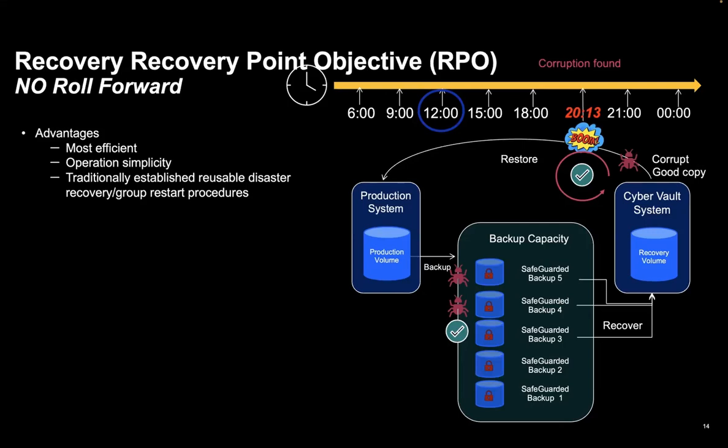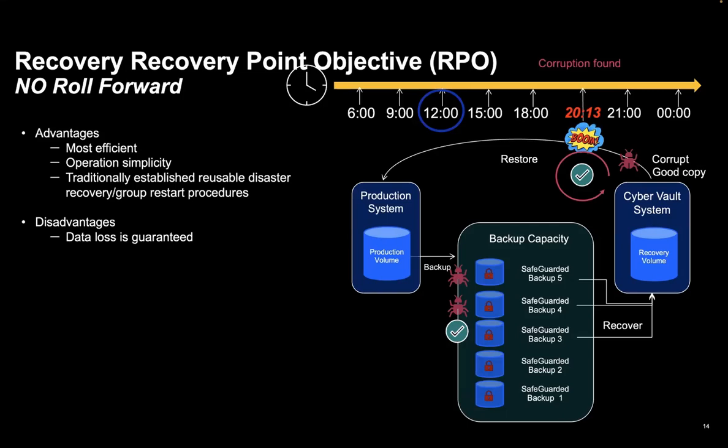You're going to bring the DASD back, IPL your system, and you're going to come up at 6, 9, 12, 15, whatever time frame you want, with no roll forward capabilities. Again, proven. We've had these processes. We're doing disaster recovery tests 2, 3 times a year. Group restart multiple times. It's a known commodity.